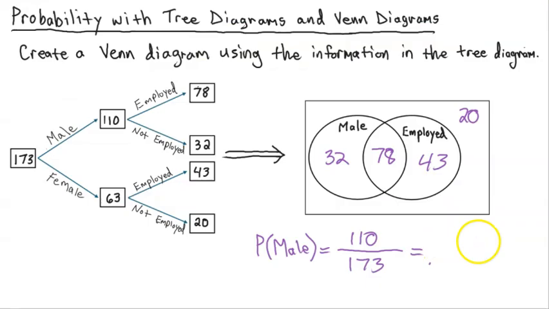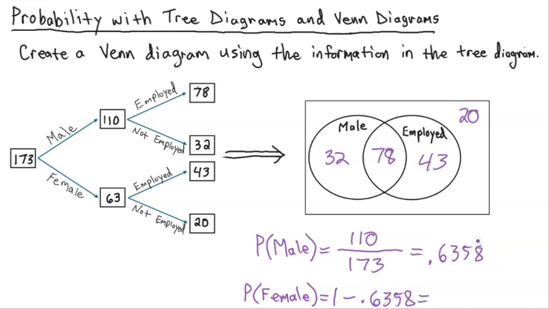So 110 divided by 173 is 0.6358, okay? And then the probability of female is the same thing as the probability of not male. What we could do is just do 1 minus 0.6358, because the probability of male is this, and all probabilities add up to 1.